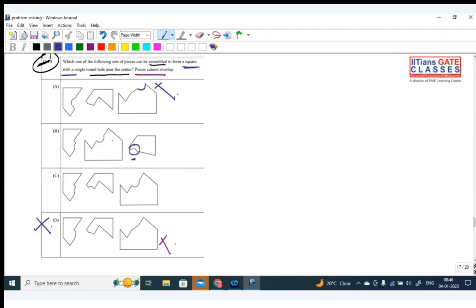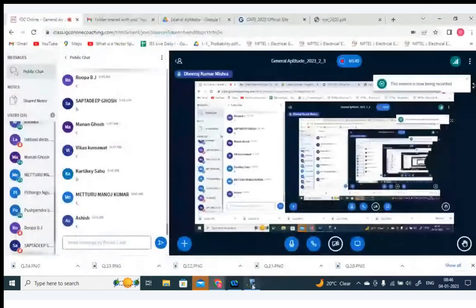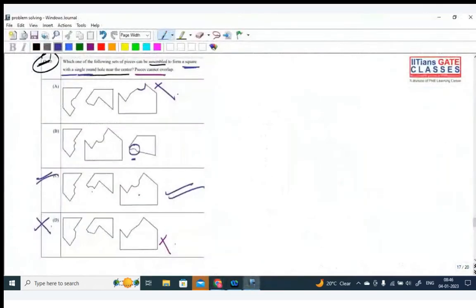So this cannot be correct, but in this case, yeah, these holes are near the center only, right? Okay, so this can be the correct answer. So the main hint is what? With a single round hole near the center, okay, and pieces should not overlap, okay. So option C is correct for this. Chalo.